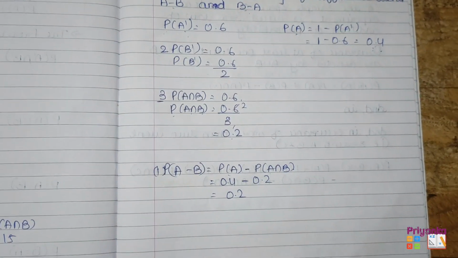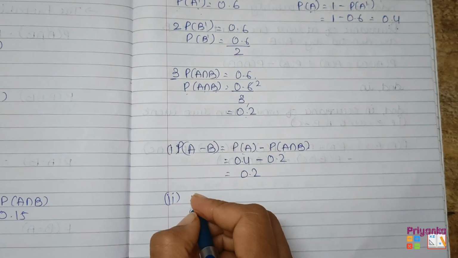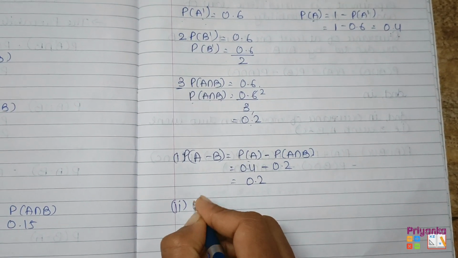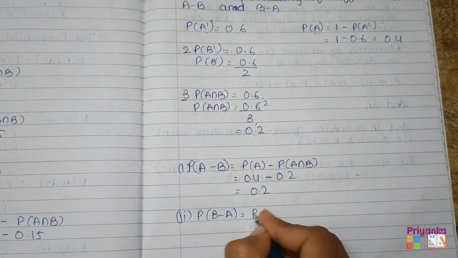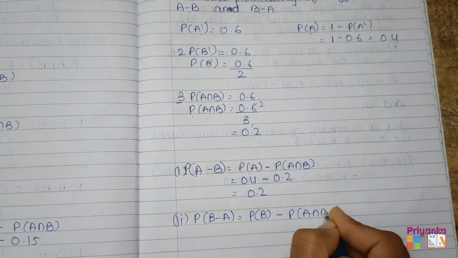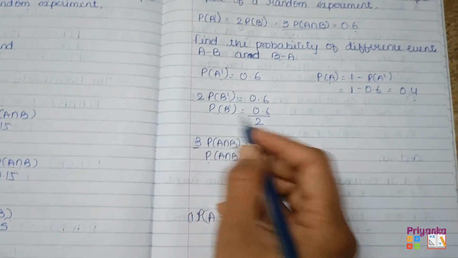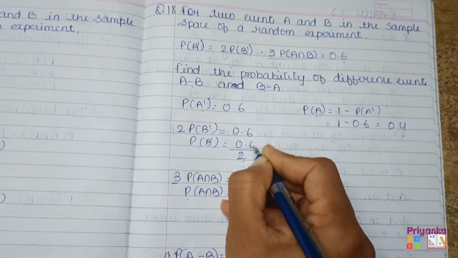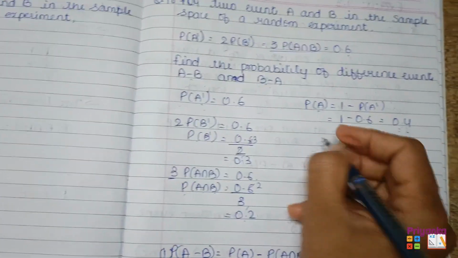The final answer is 0.2. Next, the second situation given in the question is to find P of B difference A. Here the formula is P of B minus P of A intersect B. Here P of B is again not given. Okay, 2 ones are 2, 2 threes are 6. Here the solution is 0.3 for P of B complementary.